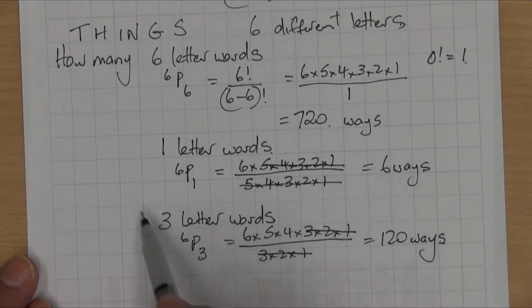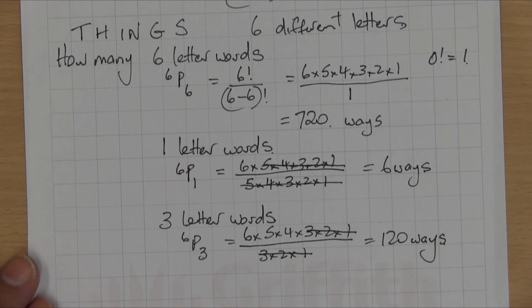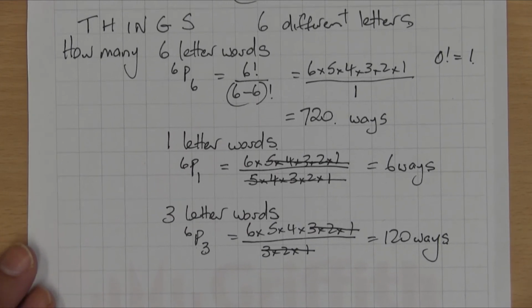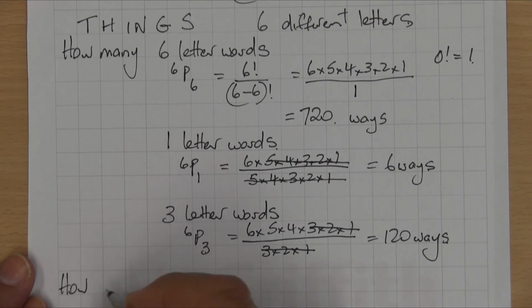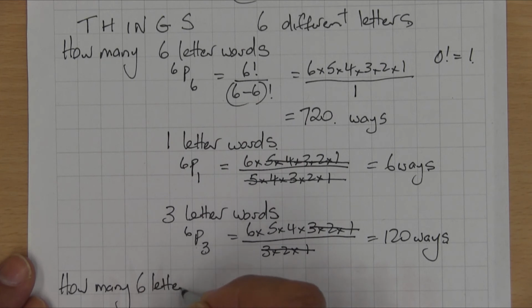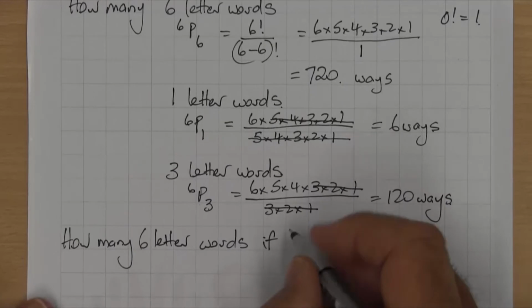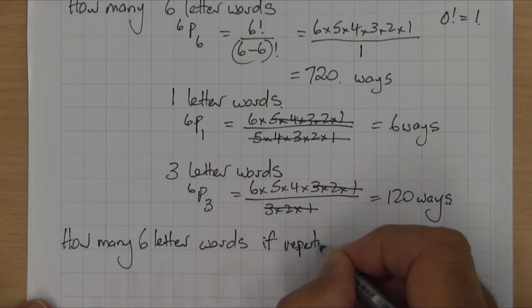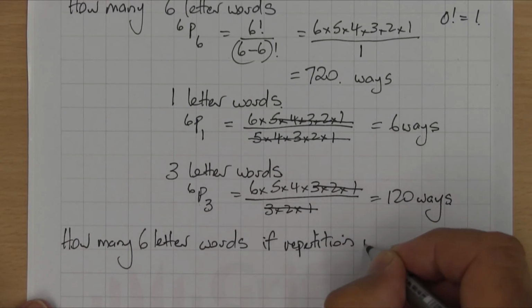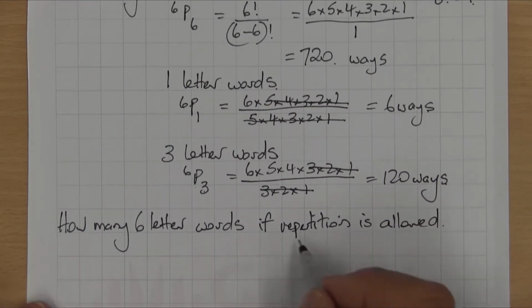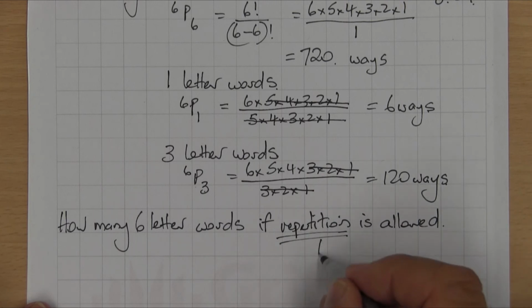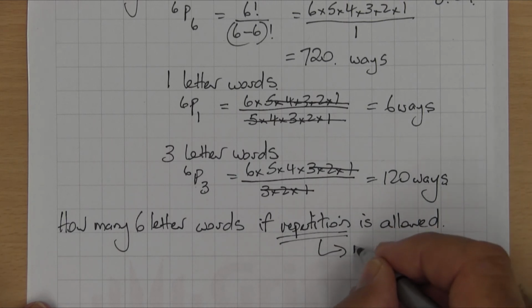Now, all of these examples we've done have to do with no repetition. So how many 6-letter words if repetition is allowed? As soon as we've got repetition, it's not a permutation.